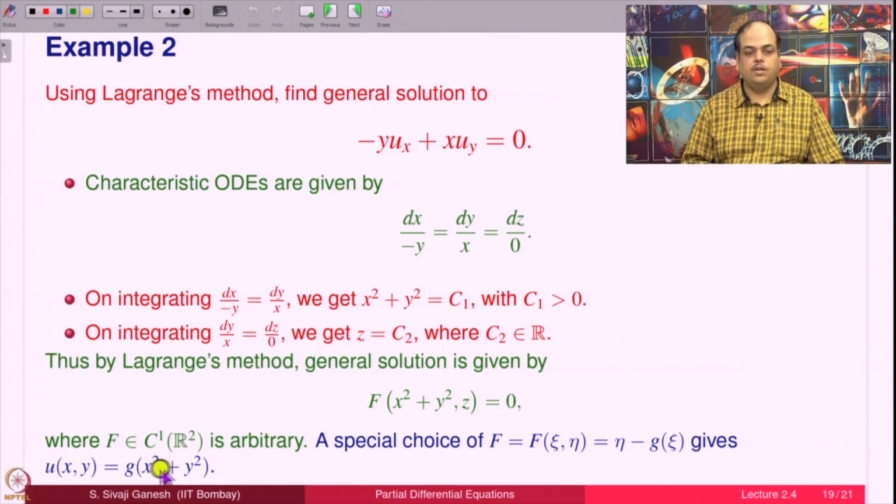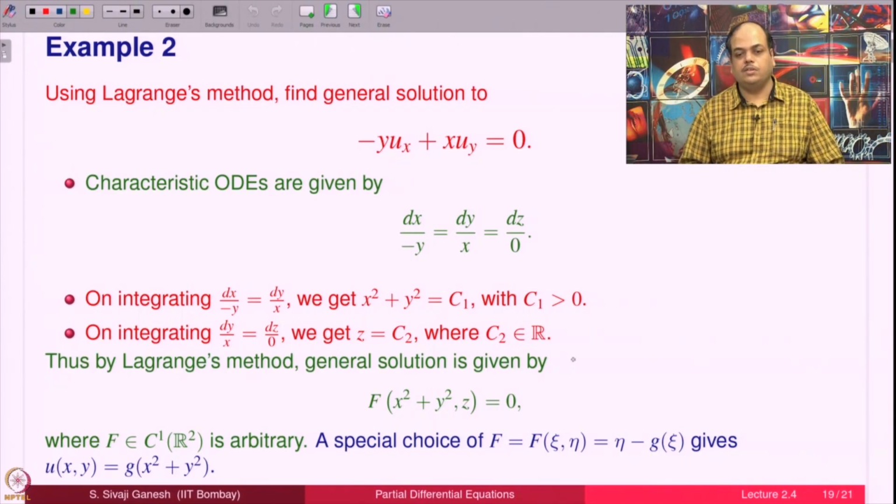Please note that if you have integrated this differently from what is done here, you will get f of some other two functions equal to 0, and these two functions will be related somehow. They will be functionally dependent.